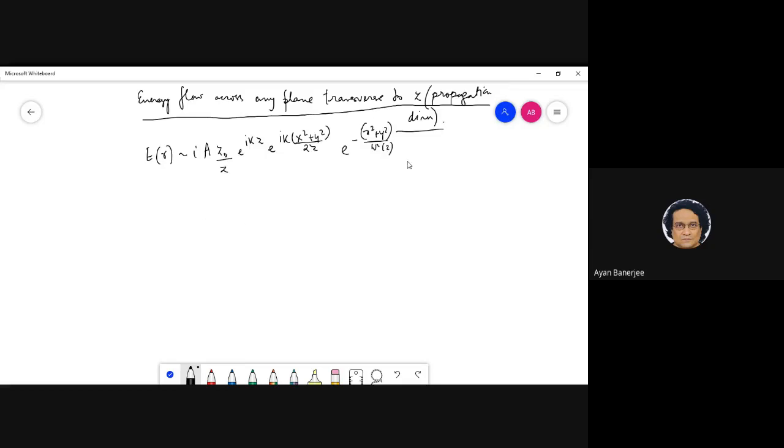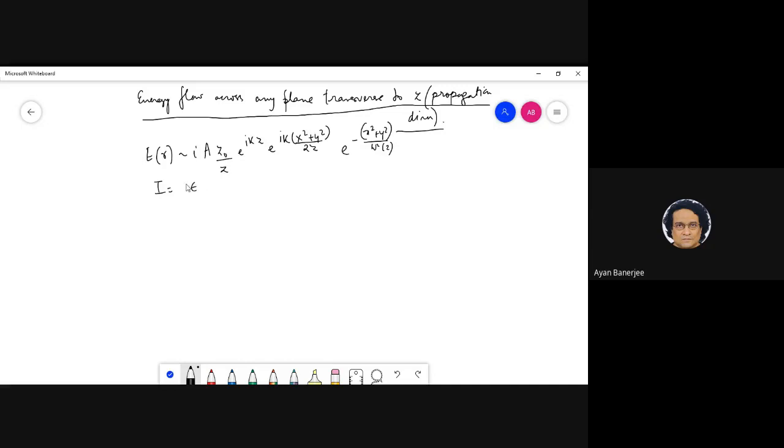This is the complete expression that we got. You can see that the phase front in the transverse direction is very close to that of a spherical wave.